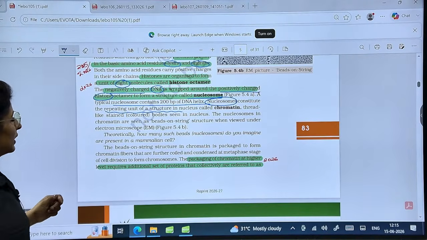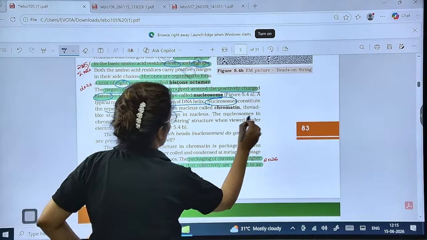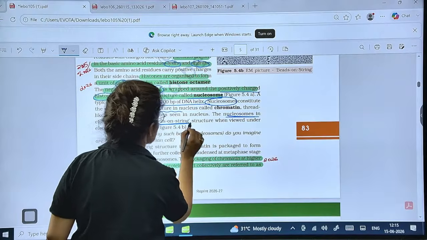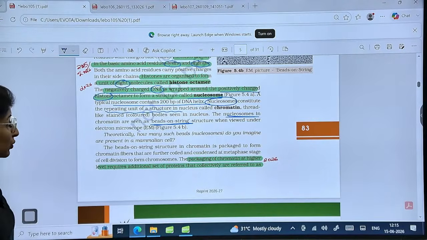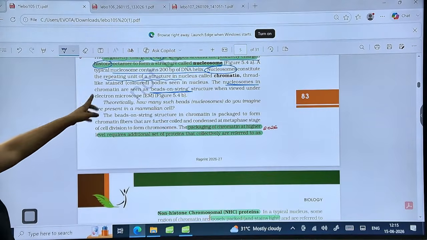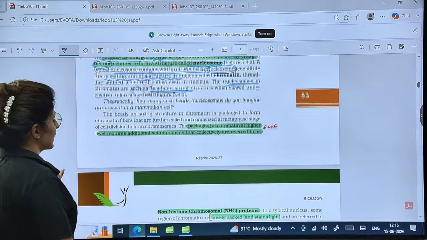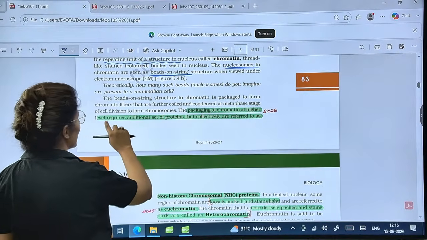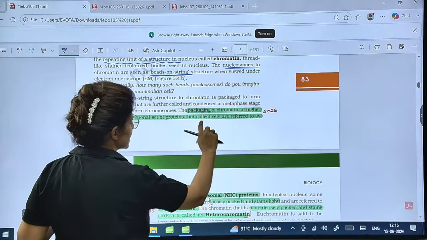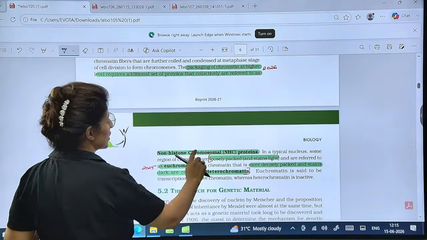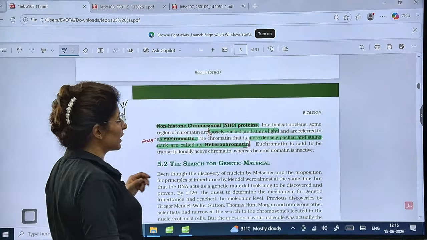Now the repeating unit of chromatin is the nucleosome. Are we clear? Nucleosomes are seen as beads on a string. This term is used for nucleosomes when you observe it under a microscope. Now the packaging of chromatin at a higher level requires an additional set of proteins that are collectively referred to as non-histone chromosomal proteins.